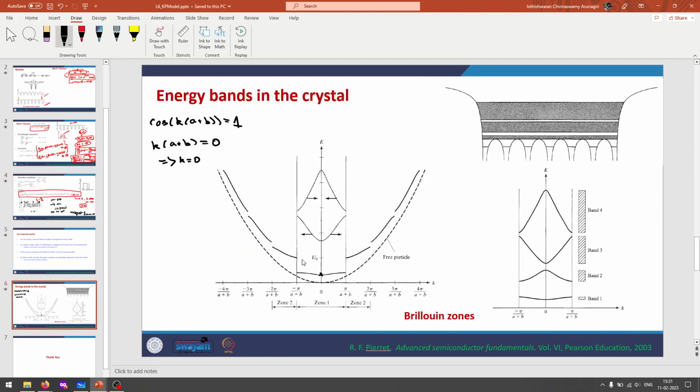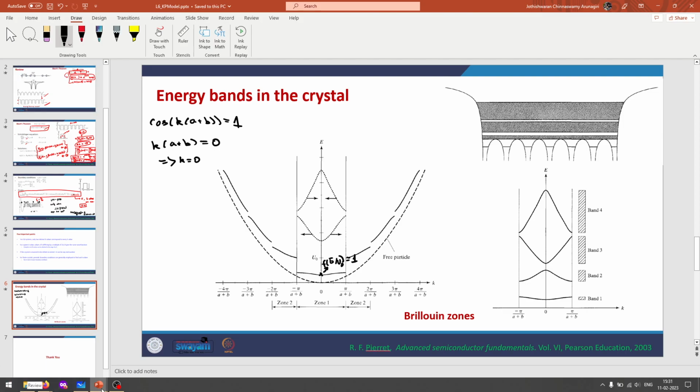The first solution that I've identified is for the value k equal to 0. So at this point, since we know that xi is E by U naught, at the central point, f of E by U naught is equal to 1. I know this is satisfied.